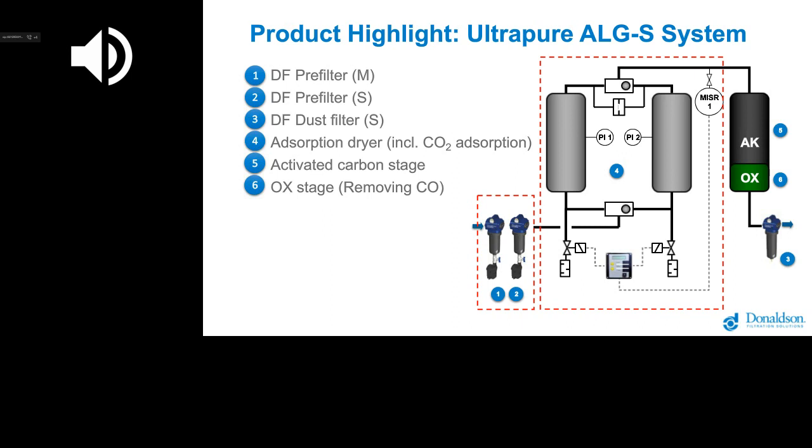Let's say the left one is drying, the right one is regenerating. And then on stages 5 and 6, you have first, in one vessel, an activated carbon material, and then, mentioned here with OX, the CO catalyst. And as the last stage, we are seeing here the particulate filter.